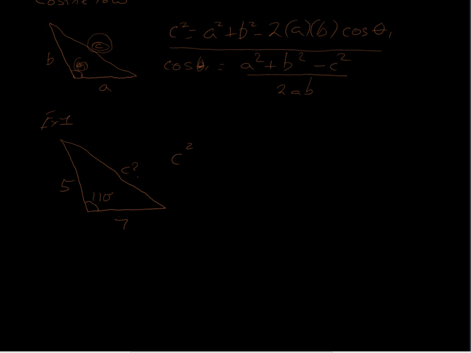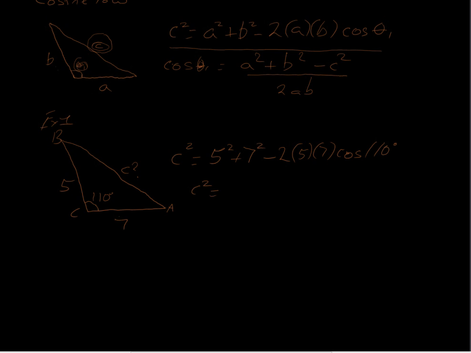We don't know C, so we're just going to write C squared is equal to A squared plus B squared minus 2AB cos theta. We know that A is 5, so 5 square plus 7 square minus 2 times A and B, so 5 and 7, cos of the angle, which is 110 degrees.